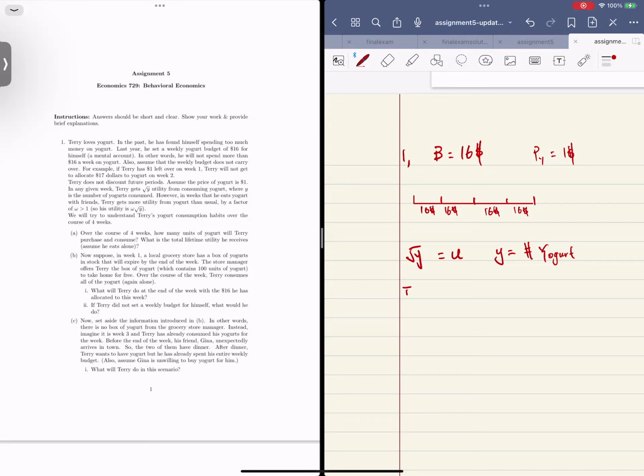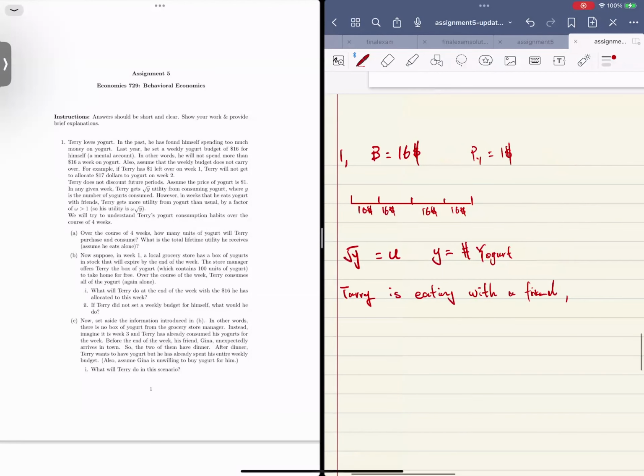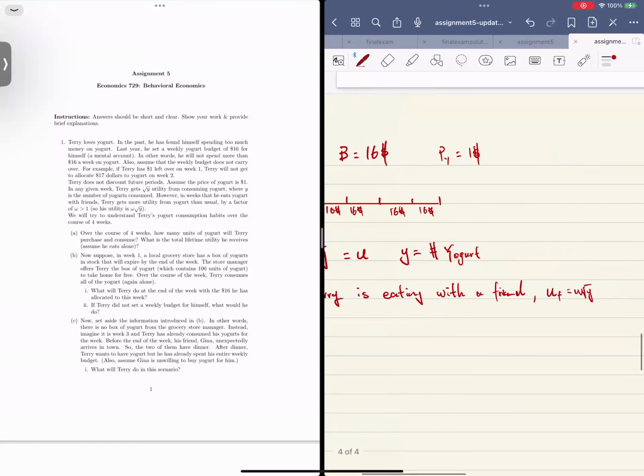So if Terry is eating with a friend, utility of friend equals W times square root of Y. And W is greater than 1. So it means that U of F is greater than U. Okay.